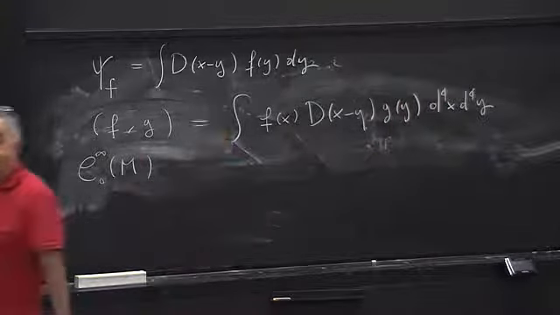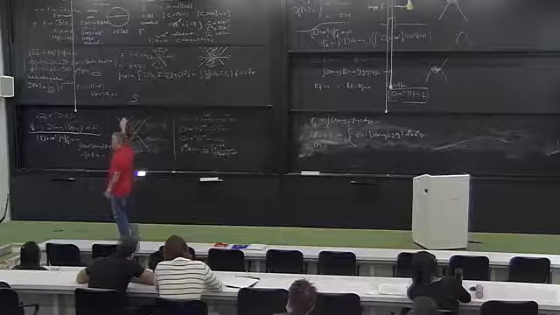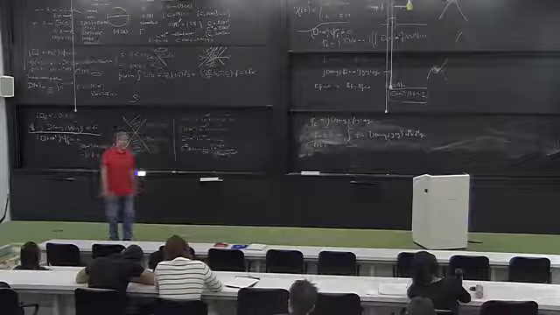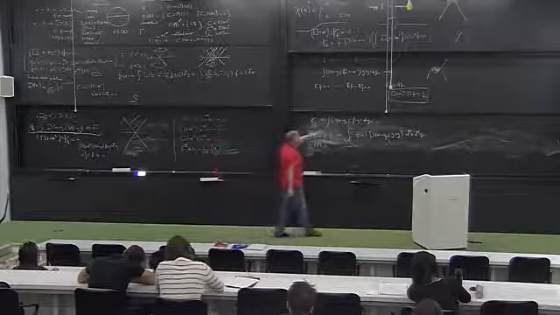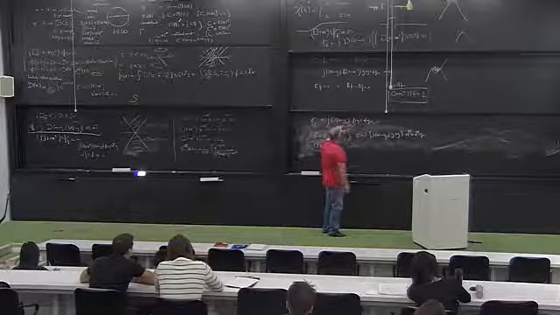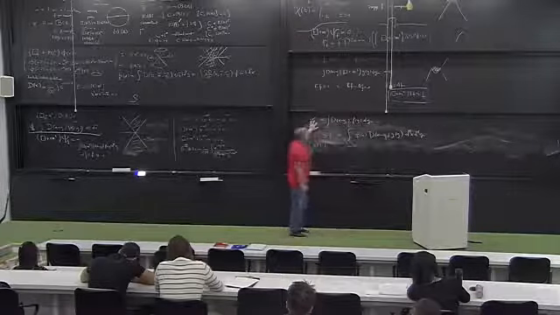We have the Pauli-Jordan function. We have seen its role in solving the Klein-Gordon equation. We have seen that if you make a convolution of the Pauli-Jordan function with any test function, this provides for you a solution of the Klein-Gordon equation, and every solution is like this.